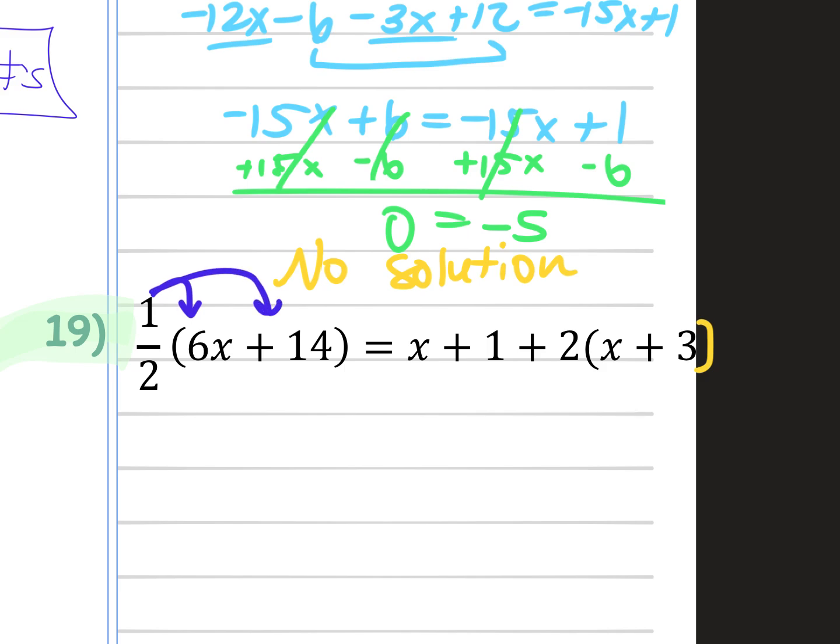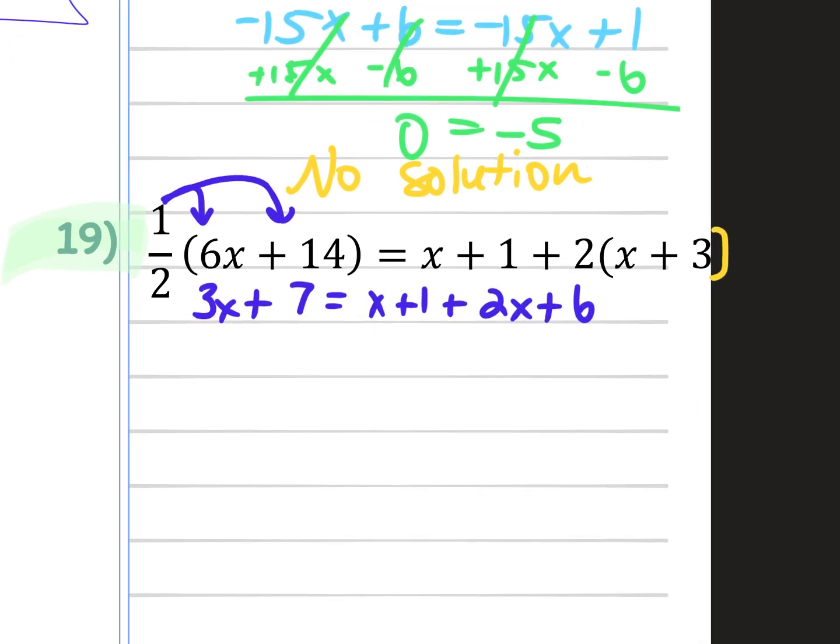What's 1/2 times 6x? 3x plus, what's 1/2 times 14? 7, perfect. Equals x plus 1 plus, distribute that too, 2x plus 6. Everybody with me? Okay, so 3x plus 7 over here. I'm going to combine like terms. What's 1x plus 2x? 3x. What's 1 plus 6?